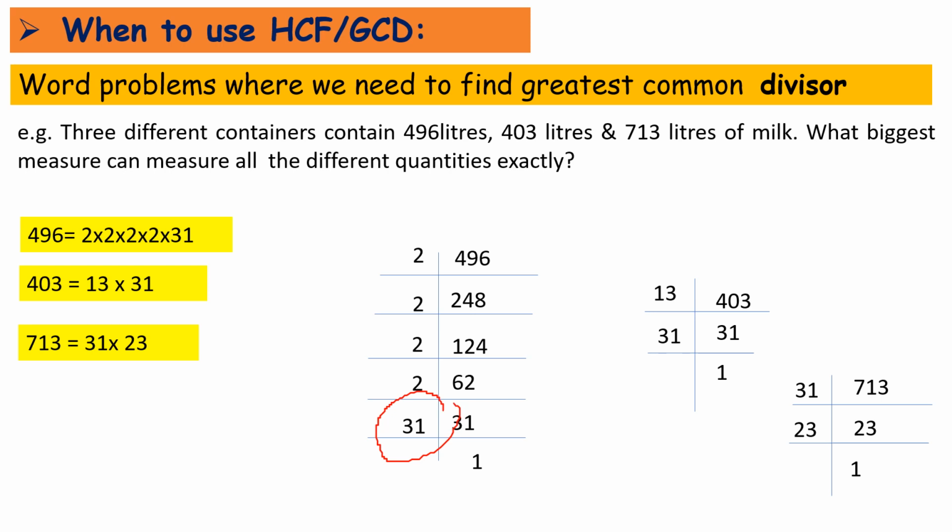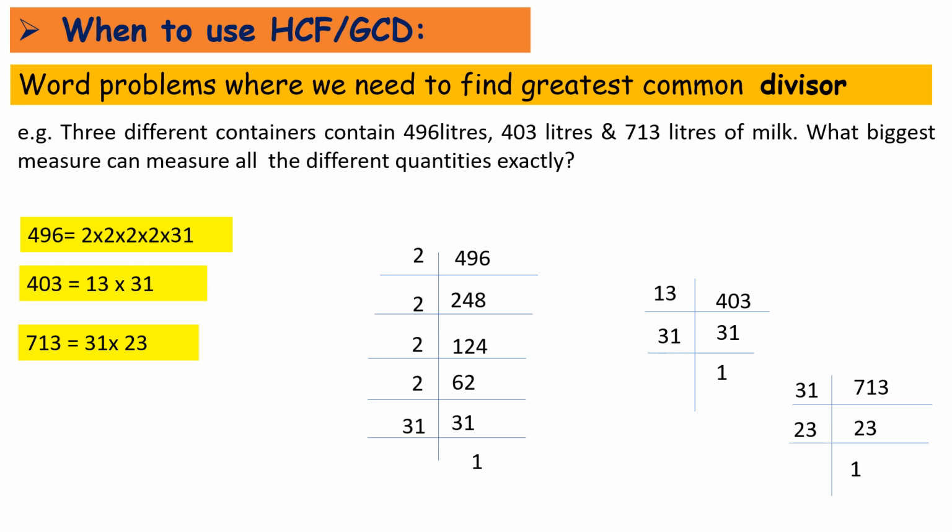So you can think of 31 times 13 somewhere, here also 713 is 31 times some number. So it gives us a quick idea which could be a common divisor. For bigger numbers, it's always advisable to find their factors separately.